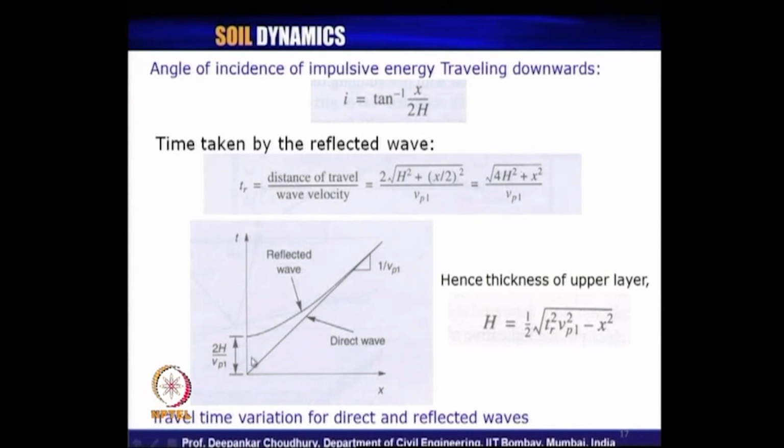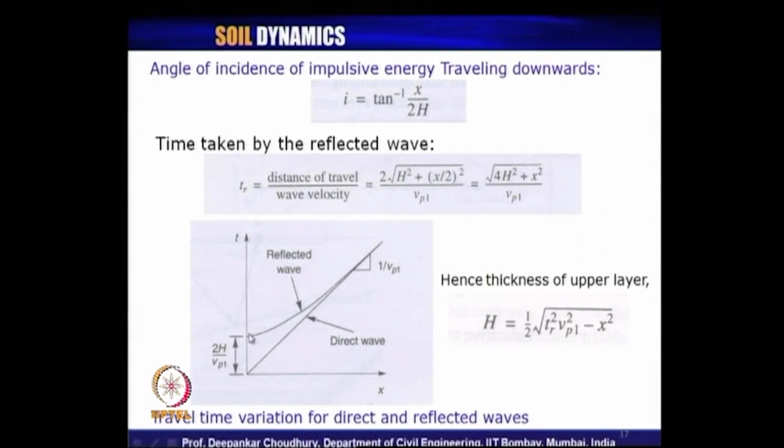If you plot that time versus distance relationship, obviously the direct wave will be a completely linear distribution with respect to time versus x. Whereas the reflected wave will depend on the thickness of the media and, of course, the wave velocity within that media.